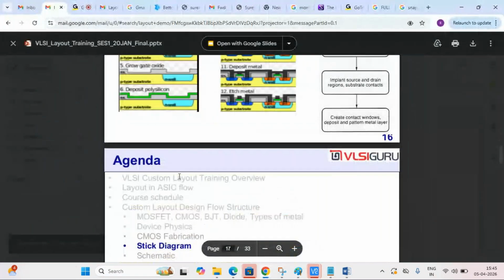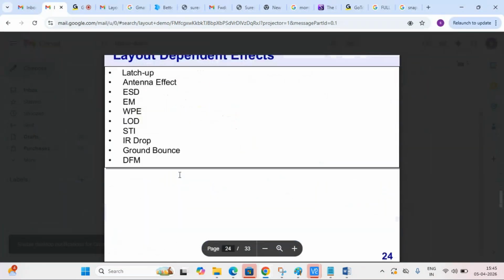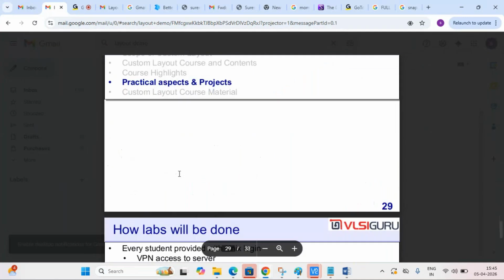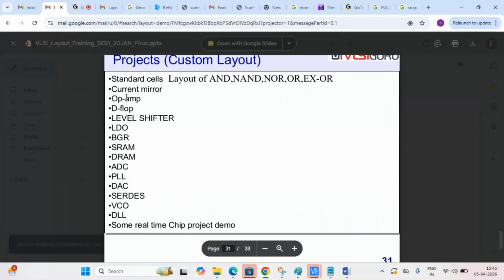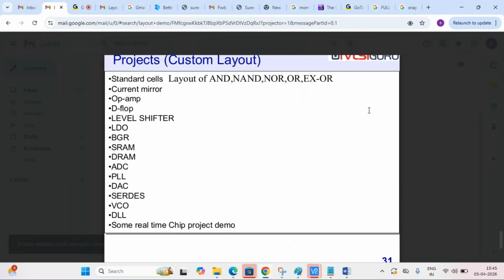These are the list here: 3, 6, 9, 12, 16, and some real-time projects are extra. Once you join they will give the access, from day one onward. It is not like you get it only after the basics are completed. Day one onwards they will give the access. We will get both Synopsys and Cadence tool access.